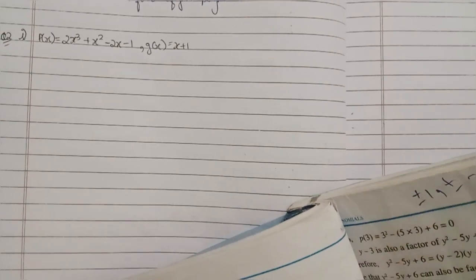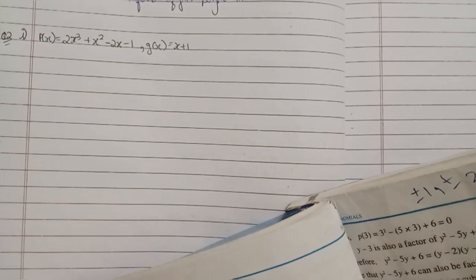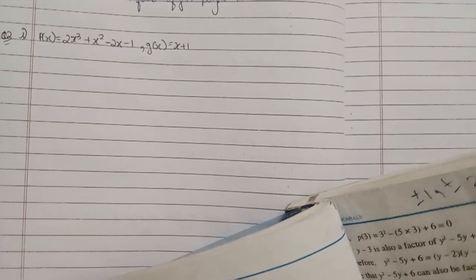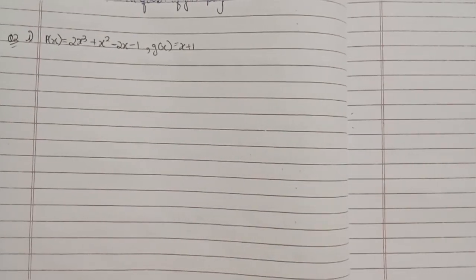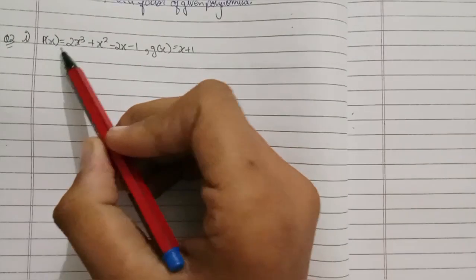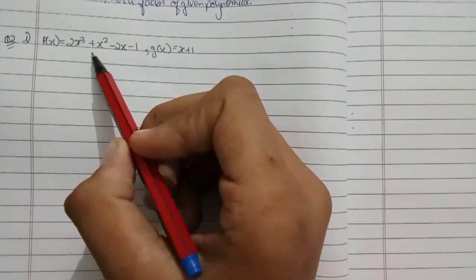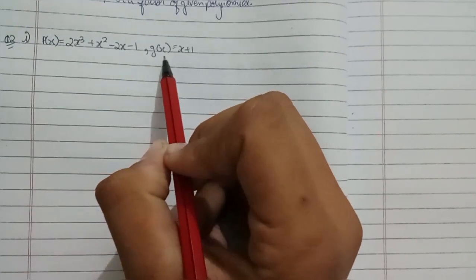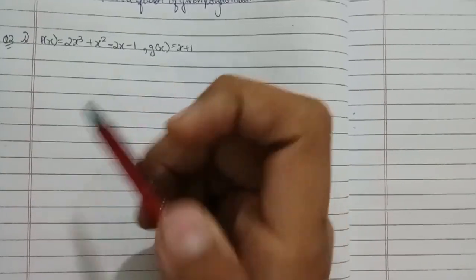The second question is: use the factor theorem to determine whether g of x is a factor of p of x in each of the following cases. The first part of the second question is p of x equal to 2x cube plus x square minus 2x minus 1, where g of x is given as x plus 1.